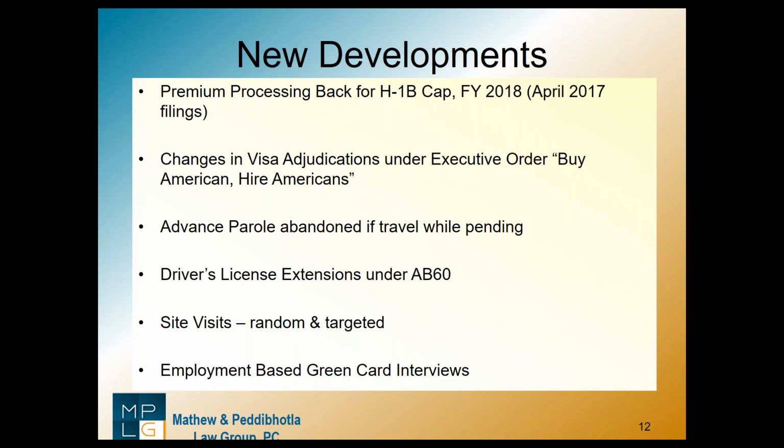The only option that your employees have until those H-1Bs are approved is to apply for what's called an AB60 license. It is basically the ability to drive without conferring immigration status, but it cannot be used as a legal ID. That's the only way to circumvent this issue with the driver's license until that H-1B is approved.